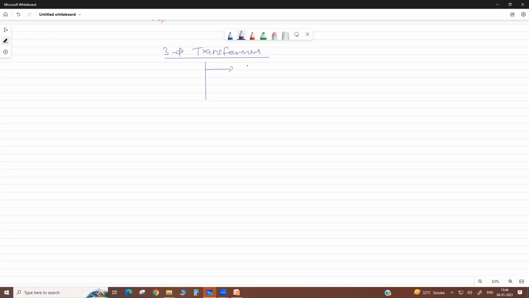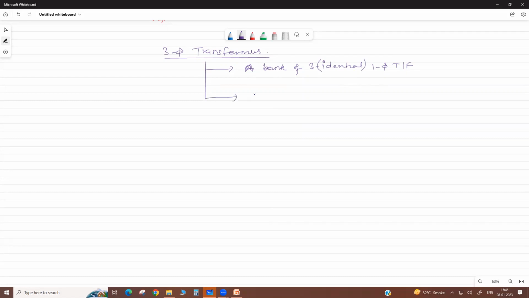One type is a bank of three identical single-phase transformers. Three single-phase transformers, identical.